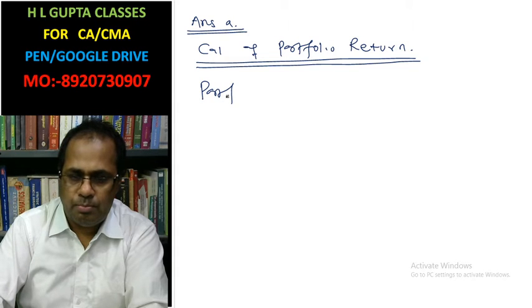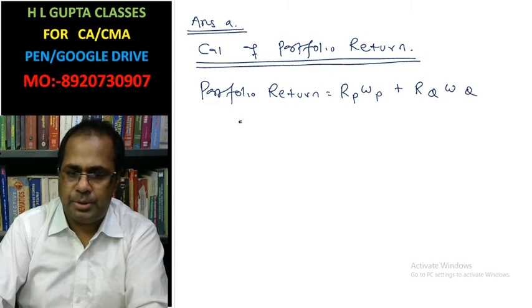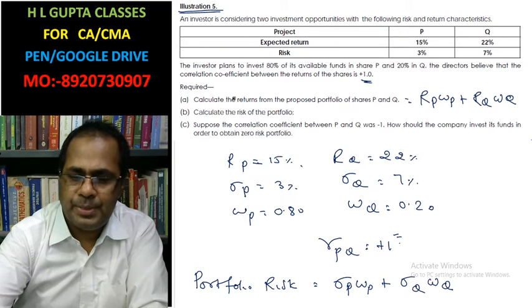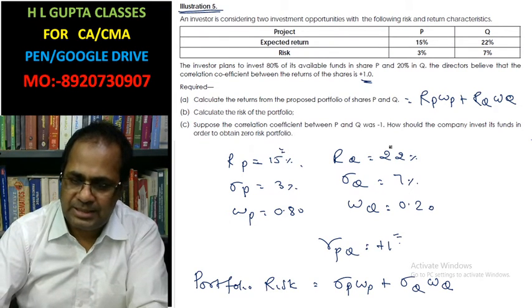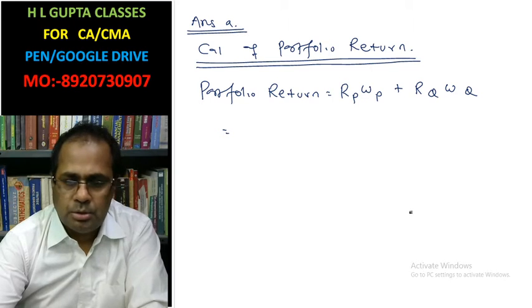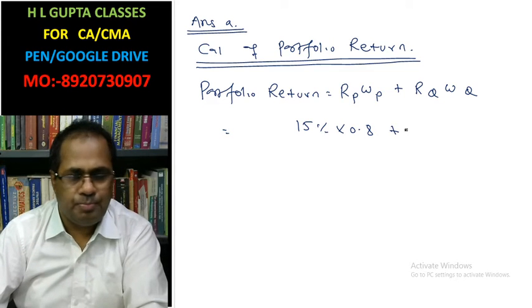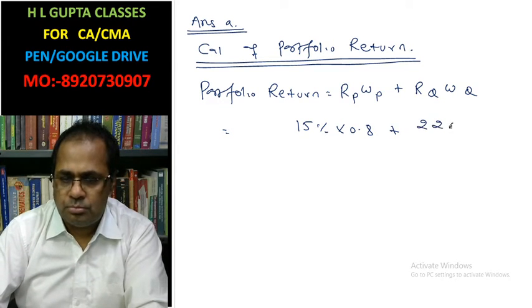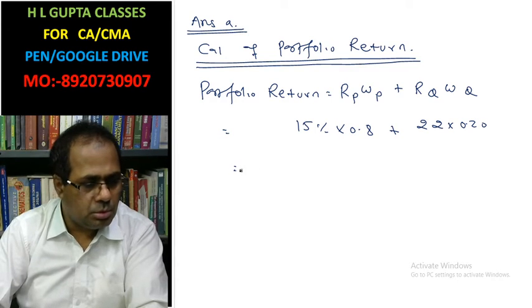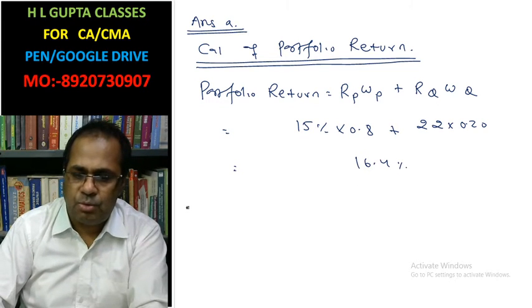Portfolio return equals return of P times weight of P plus return of Q times weight of Q. The return of P is 15% and of Q is 22%, with weights 0.8 and 0.20. So 15% into 0.8 plus 22% into 0.20, that is 16.4%.